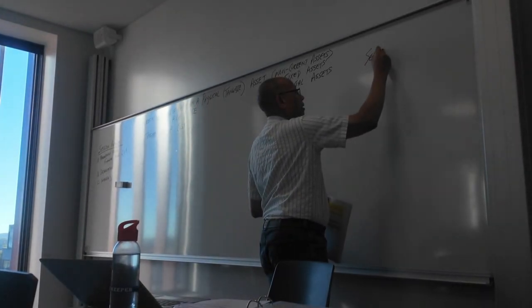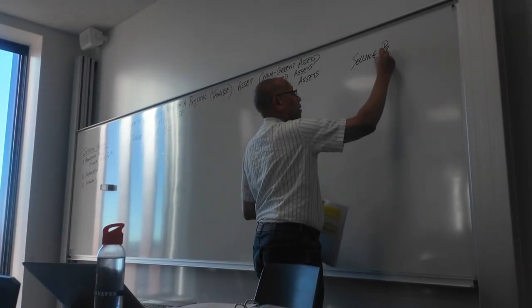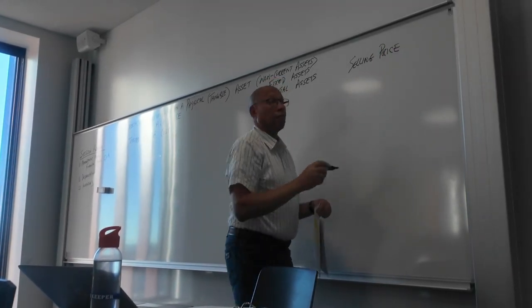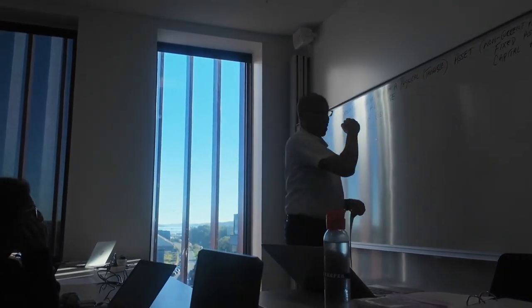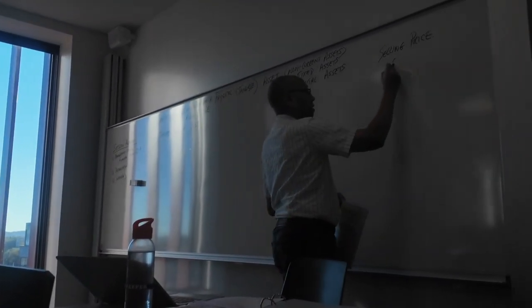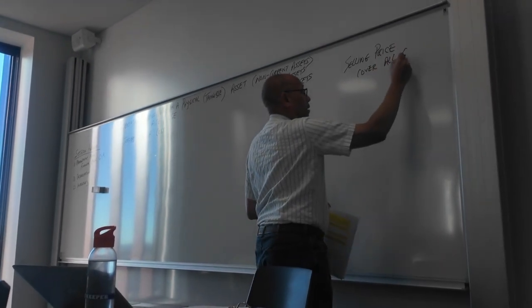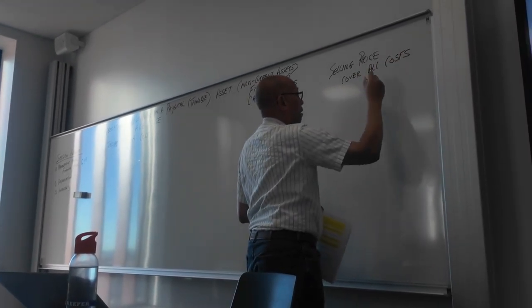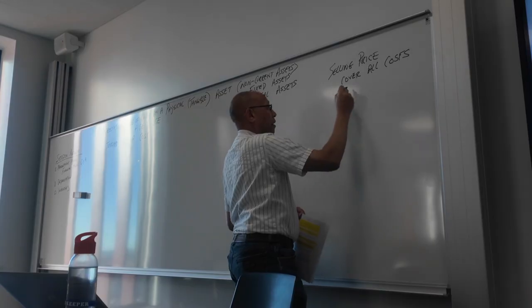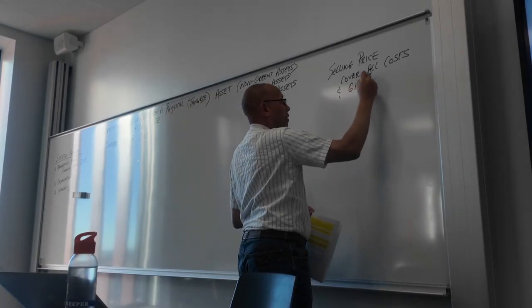Consider all the cost and expected revenue. Right. The purpose of the selling price is to cover all costs, right? Like you said, cover all costs. And give the profit we want.